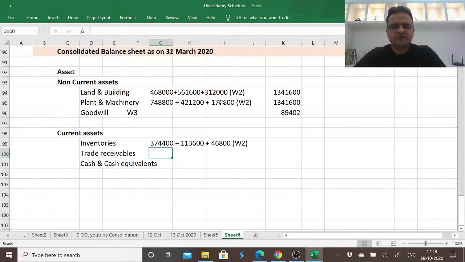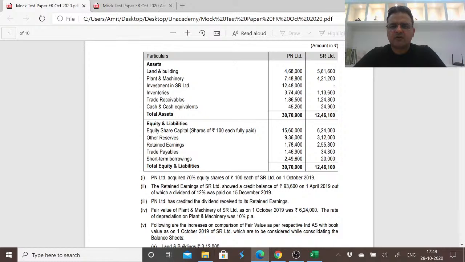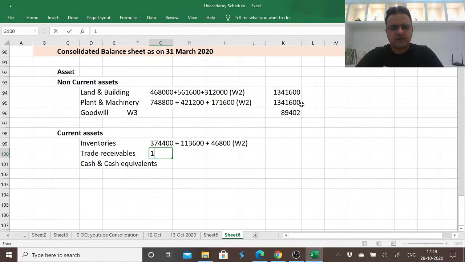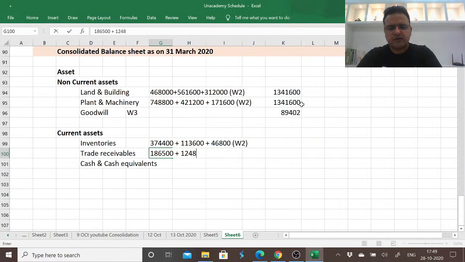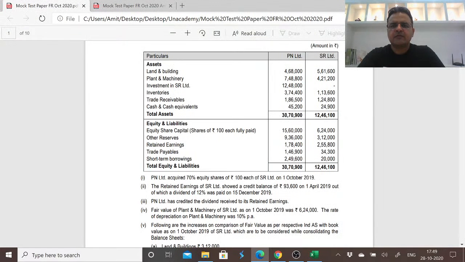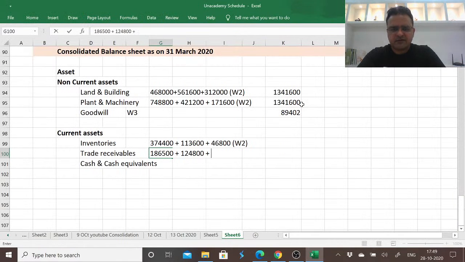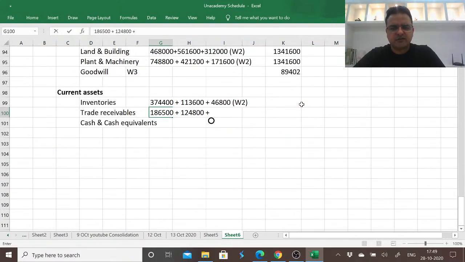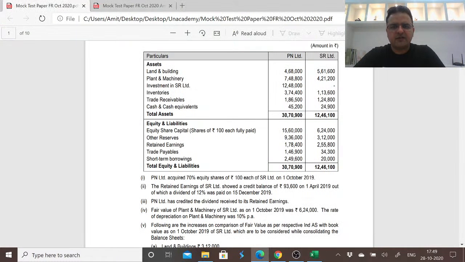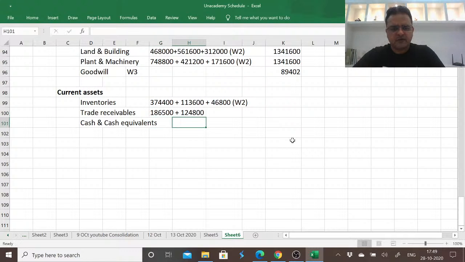Trade receivables 186,500 plus 124,800. There is no increase or decrease mentioned, so it is equivalent to this amount only. And cash and cash equivalent was 45,200 plus 24,900.